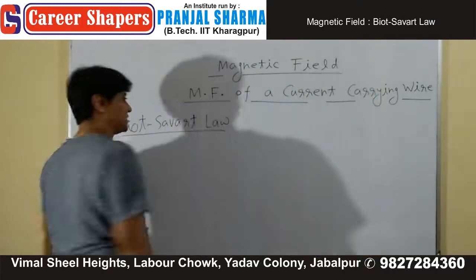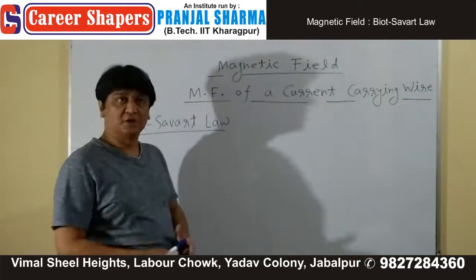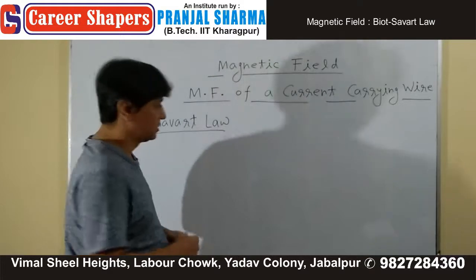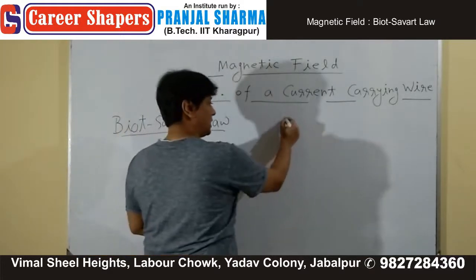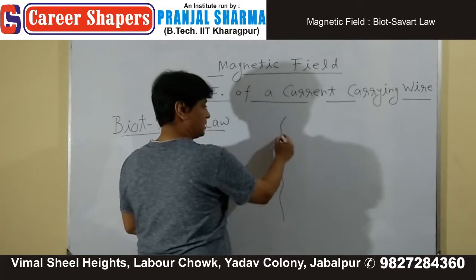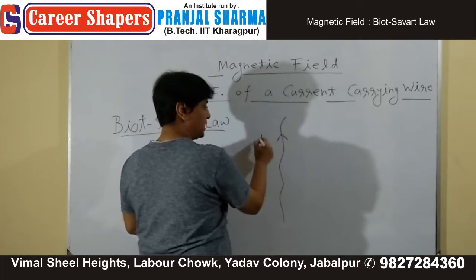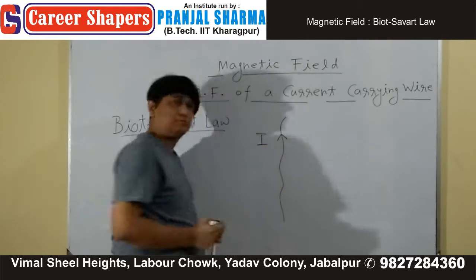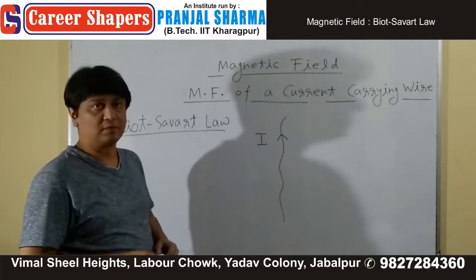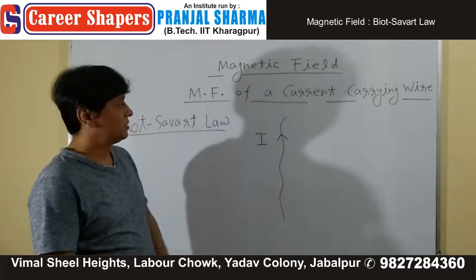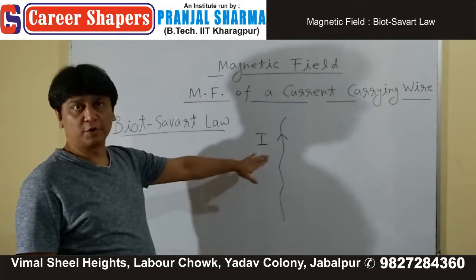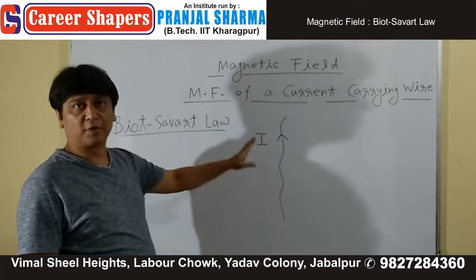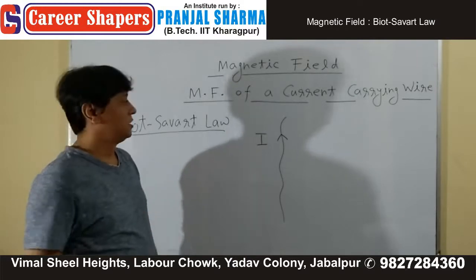We discussed this thing. So my question is, when you have a wire, and in this wire some current is flowing, that means charge is moving, then it only produces magnetic field, it doesn't produce electric field.